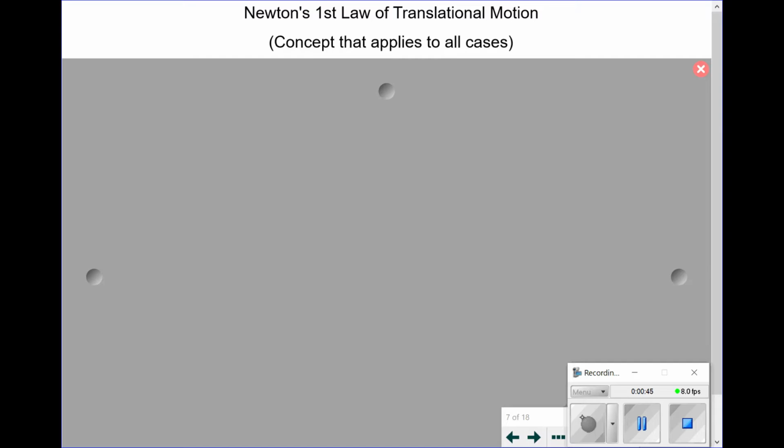Not only that, but again, Newton's first law of translational motion applies to all cases of translational motion. We're talking single objects, systems of objects, systems within systems moving. We are talking about straight line motion, projectile motion, circular motion, even vibrations.